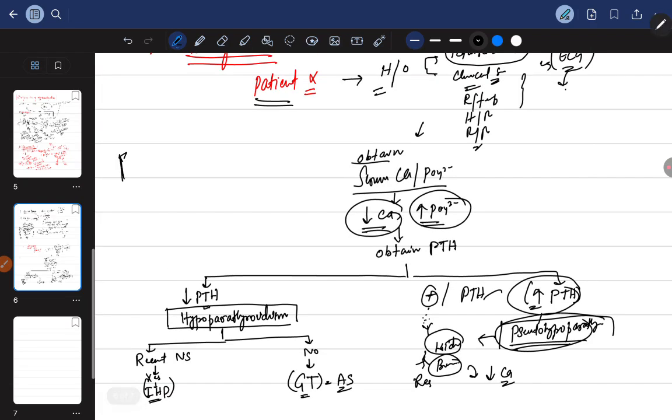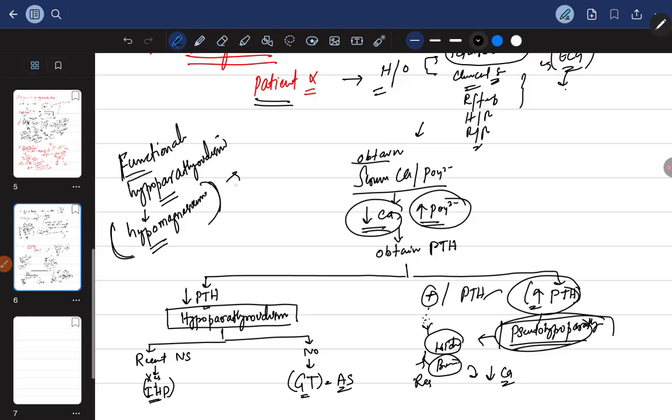For the examination point of view, remember functional hypoparathyroidism. Whenever there is hypomagnesemia, there will be functional hypoparathyroidism.